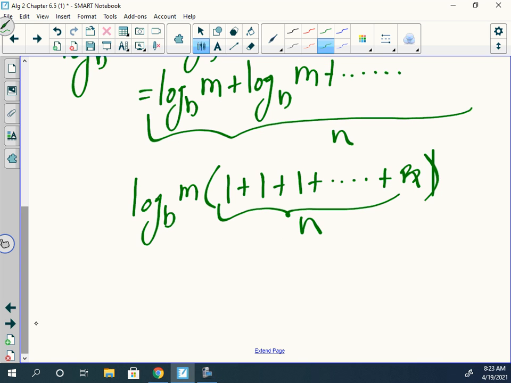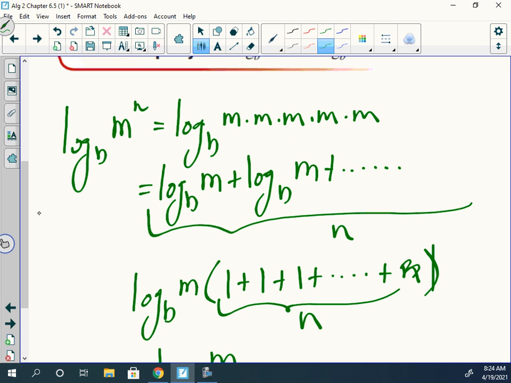So really, this is the same as saying n log base b of m. Now, realistically, this would not be a rigorous proof, but we can kind of see that with the product property, we can show that the power rule works, and whatever the exponent is, we can move it out front, because really, it's just saying we're adding that to itself that number of times.